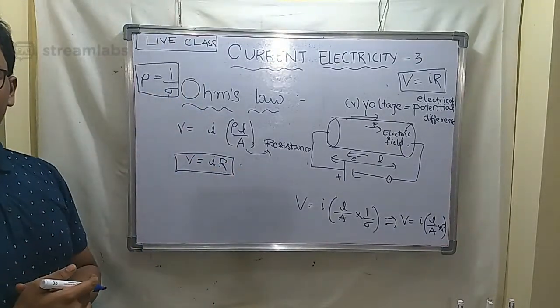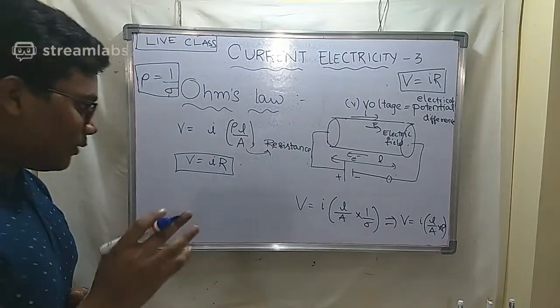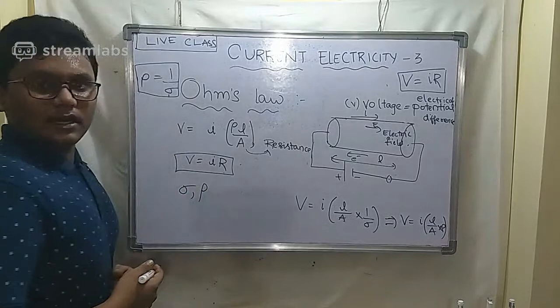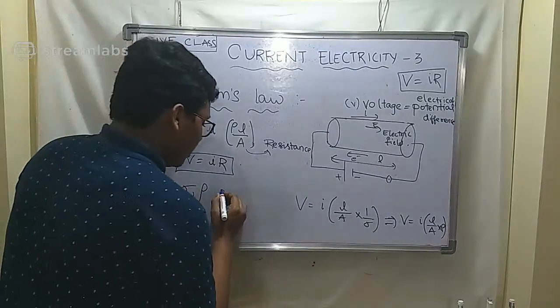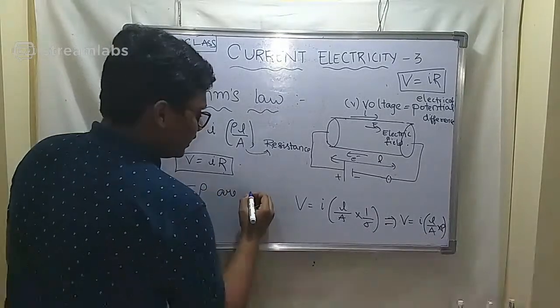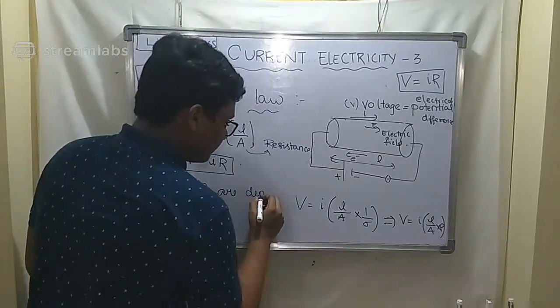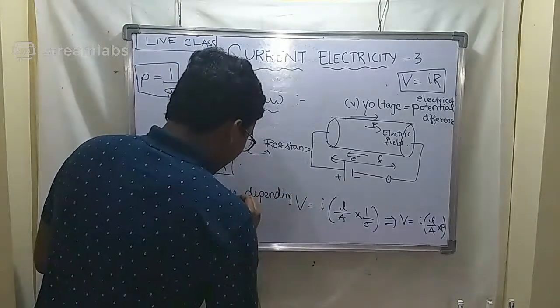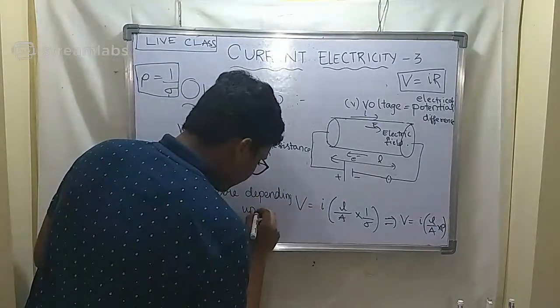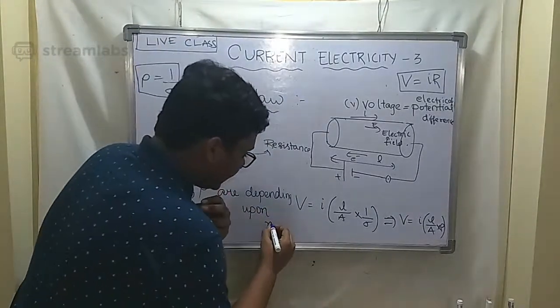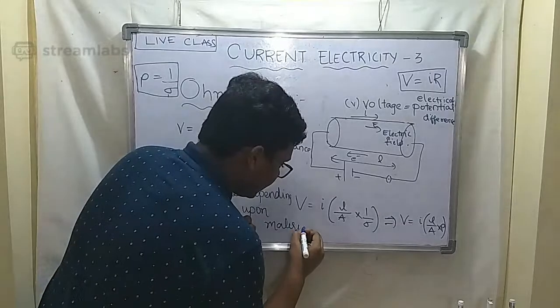One important thing: sigma and rho depend upon the material and temperature.